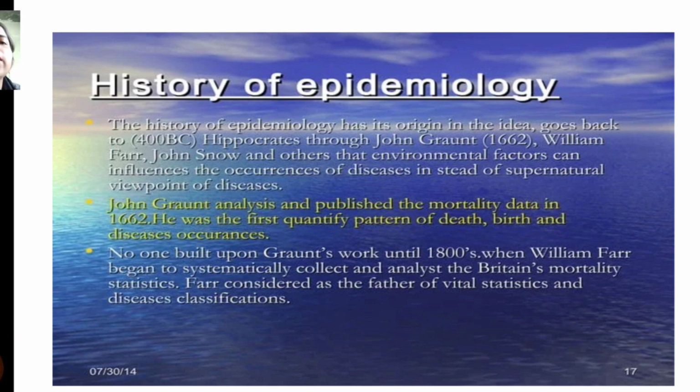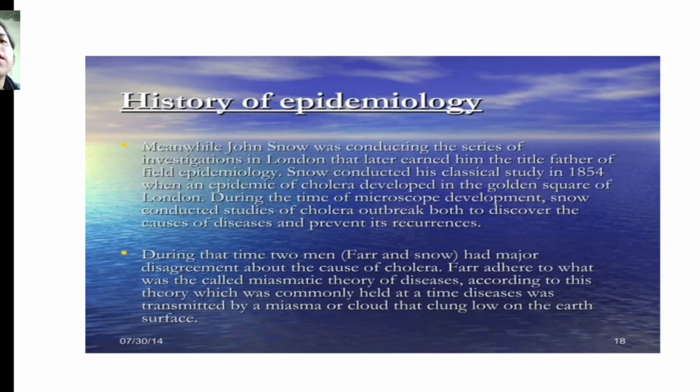No one built upon Graunt's work until 1800, when William Farr began to systematically collect and analyze the British mortality disease classifications. Meanwhile, John Snow was conducting a series of investigations in London that later earned him the title Father of Field Epidemiology.